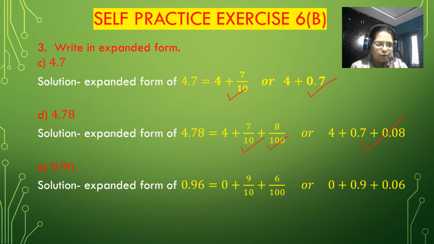E, 0.96. The expanded form of 0.96 is 0 plus 9 divided by 10 plus 6 divided by 100, or we can write 0 plus 0.9 plus 0.06. This is the expanded form of these numbers.